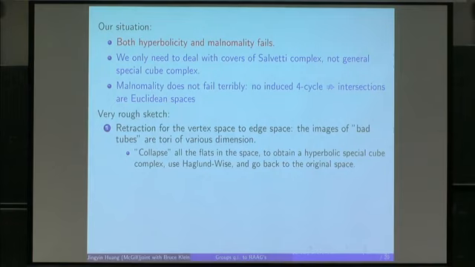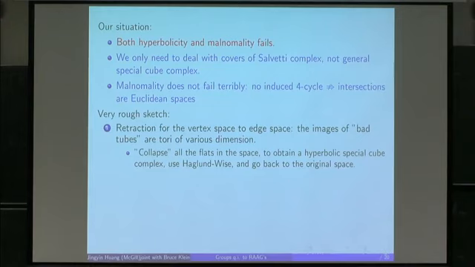Because our space has a lot of flats, we want to collapse these flats such that we obtain a hyperbolic special cube complex. Then we can use some work of Haglund and Wise and go back to the original space. This collapse procedure is going to rely heavily on the combinatorial structure of the right-angled Artin group.